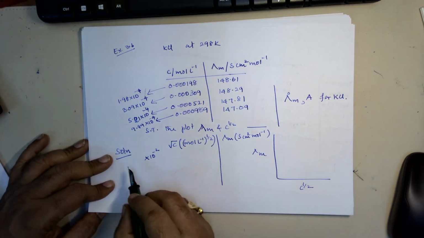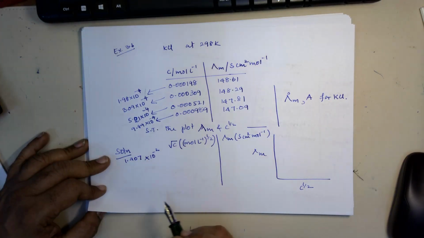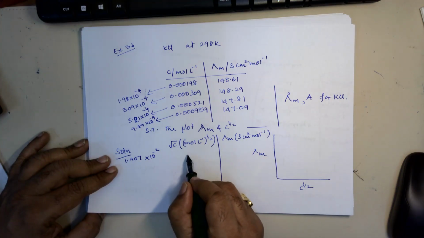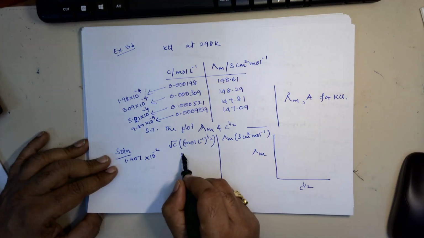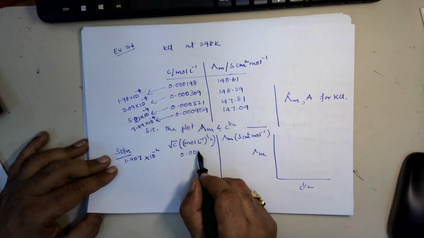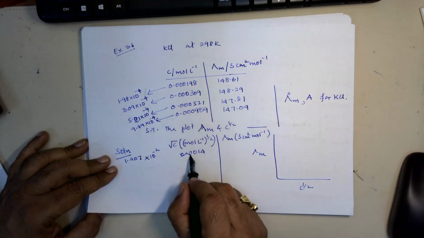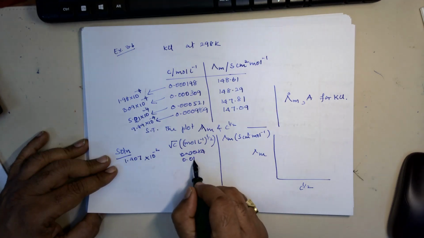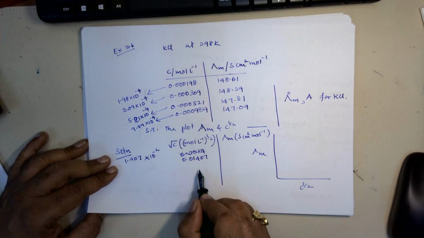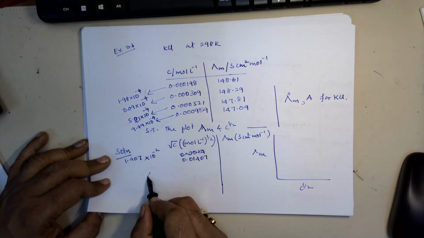So you can write 1.407, which is nothing but 0.01407. That's all. So likewise, we have to find out the rest of the values. Can you do that? Yes.